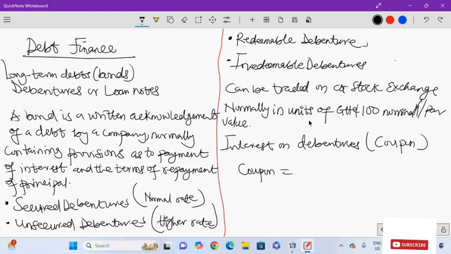The coupon is the coupon rate, normally in percentage. Coupon rate of the nominal value.